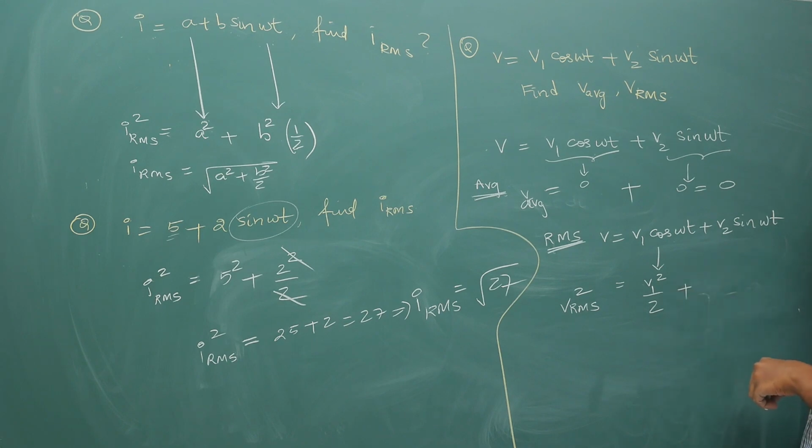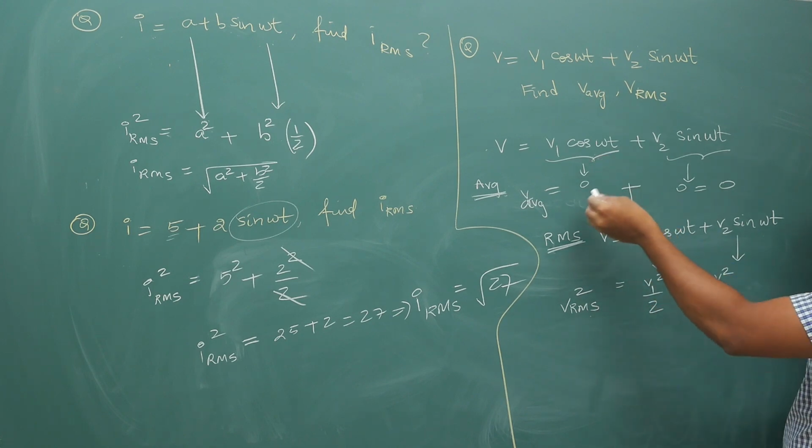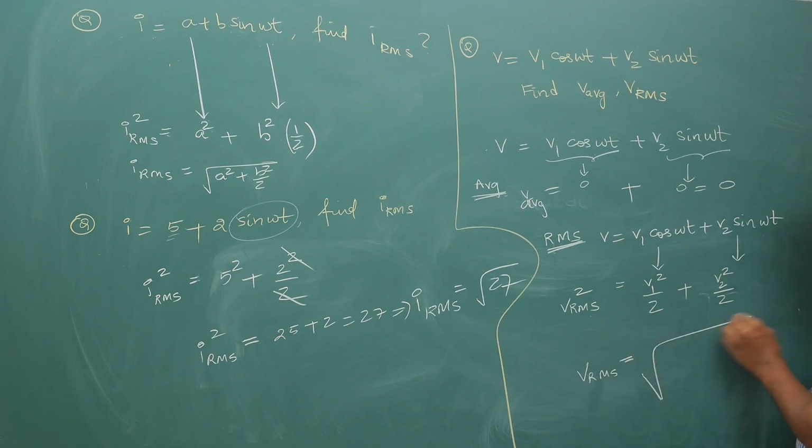So it is V1 square by 2 plus, for the sin omega t part, V2 square by 2. The average of sin square is 1 by 2, and the average of cos square is 1 by 2. For RMS square you will square it; in average you will not square it, you just simply take the function as such. So from here your V RMS is under root V1 square plus V2 square by 2.